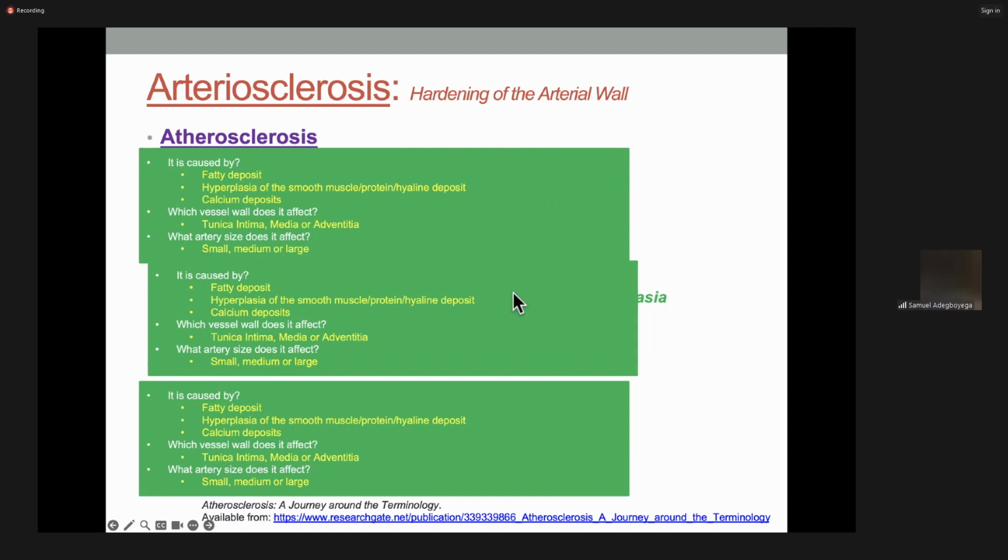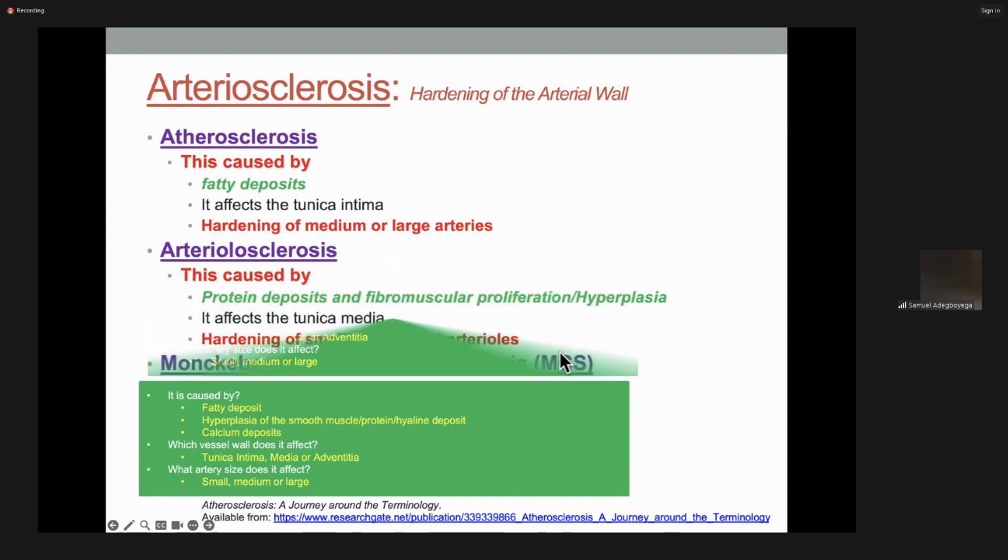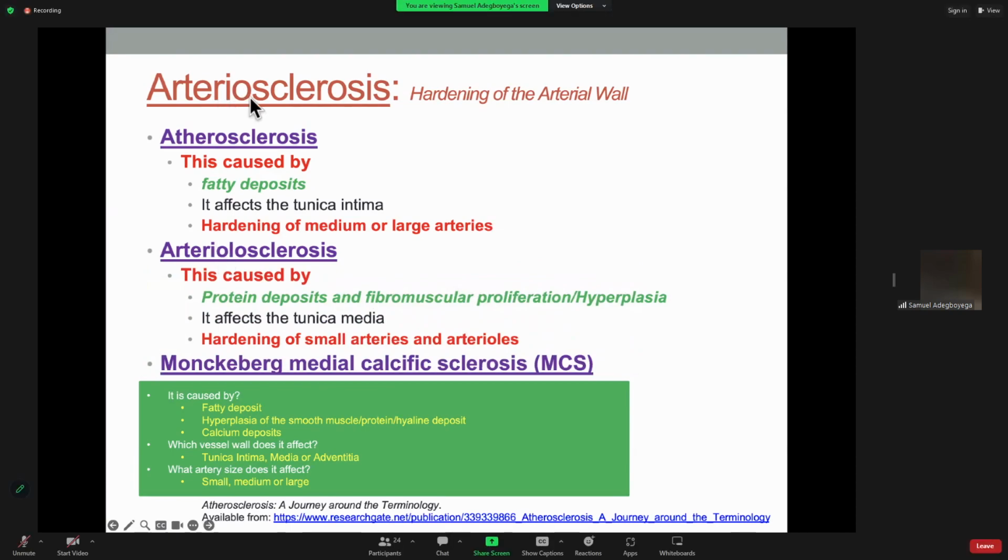Okay, so again, we discussed this. Atherosclerosis pretty much just means that there is a fat deposit within the lumen. Once that happens, you get narrowing of the vessel. The big difference here is that arteriosclerosis is not the same thing as atherosclerosis.